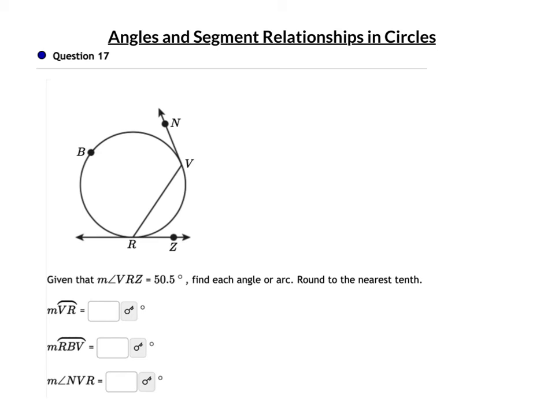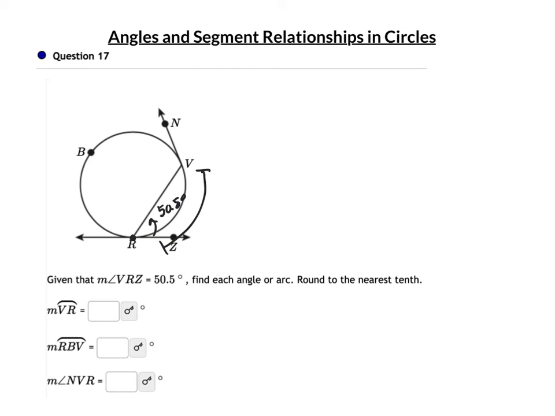Question 17. The angle formed by a tangent and a chord, or a secant, that intersect at the tangent point, is half the measure of that arc. The measure of angle VRZ is 50.5 degrees, which means the arc is twice that, because the angle is half the arc.